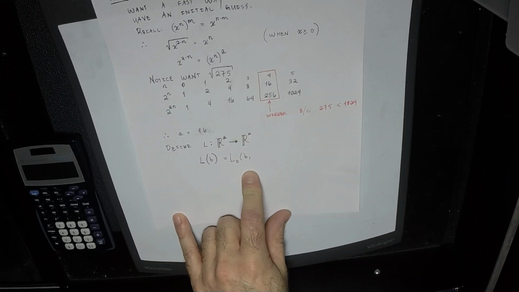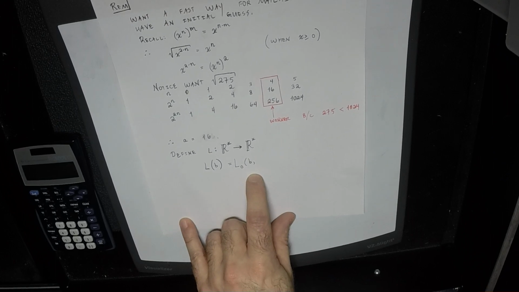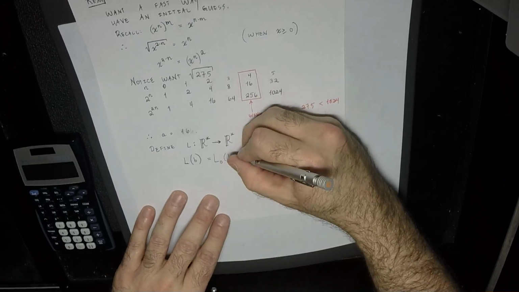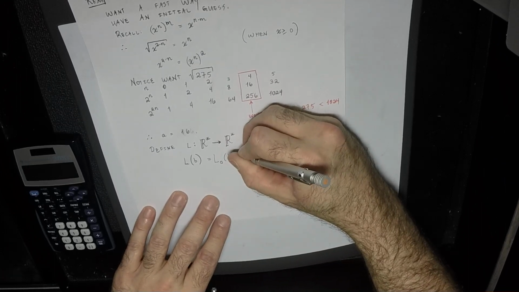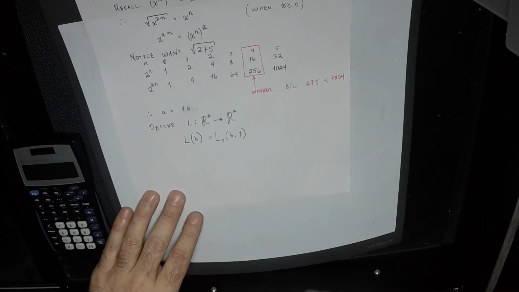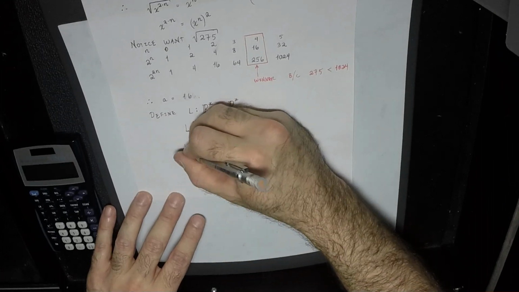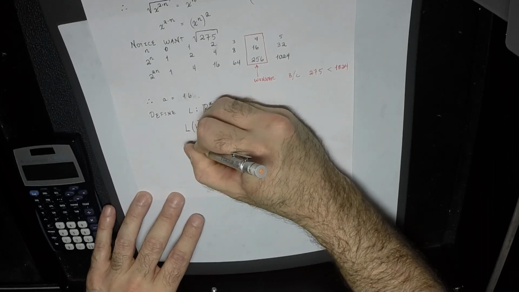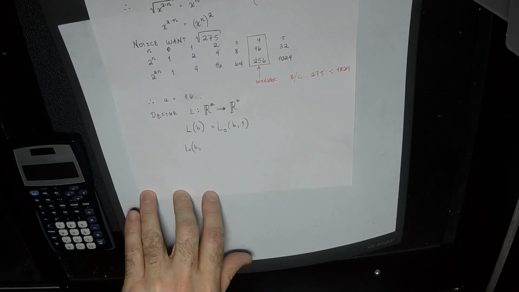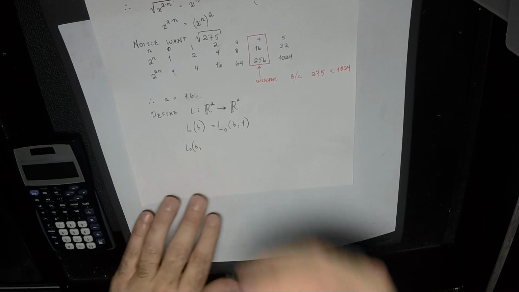The initial guess here is 1, which is 2 to the 0. So then L0 of B, and what name do you want to give to our guess? Okay, A. We'll use A.